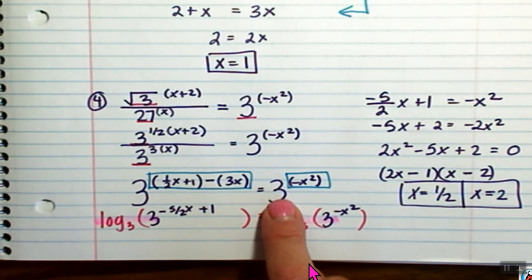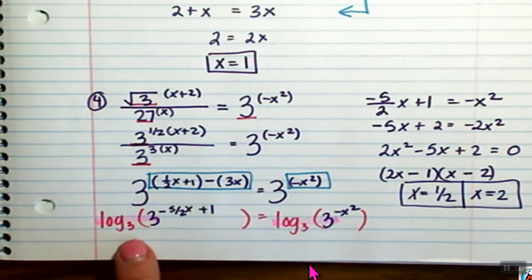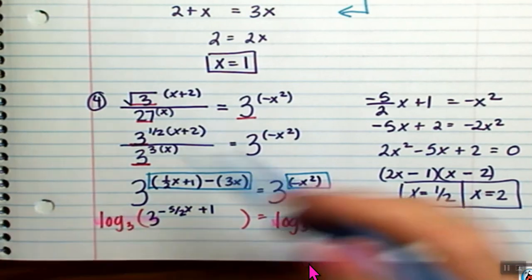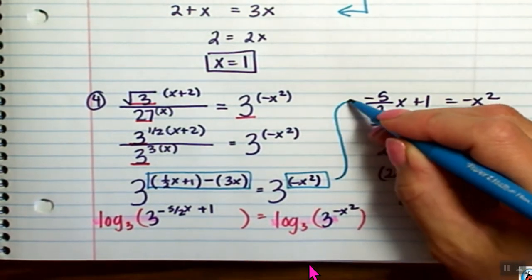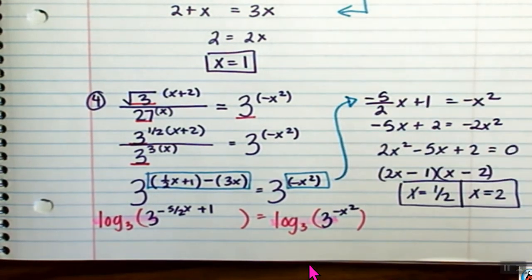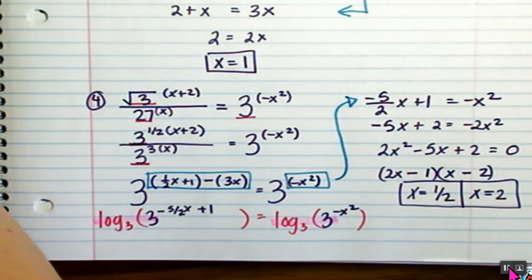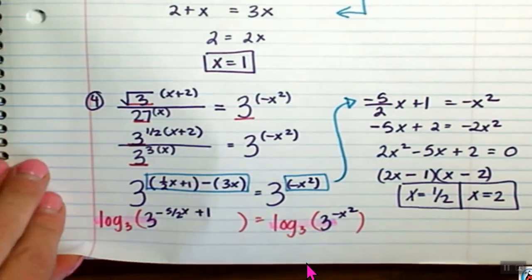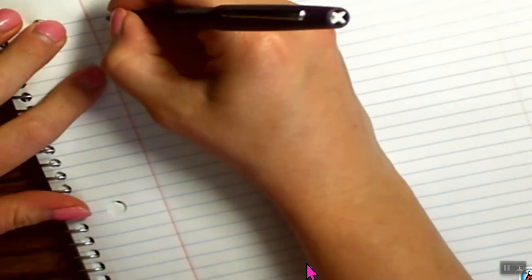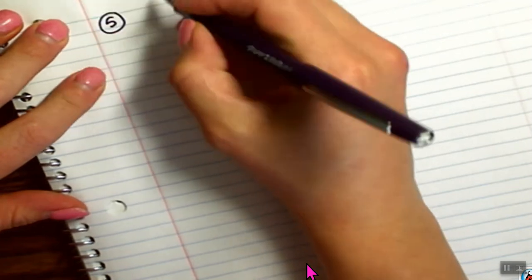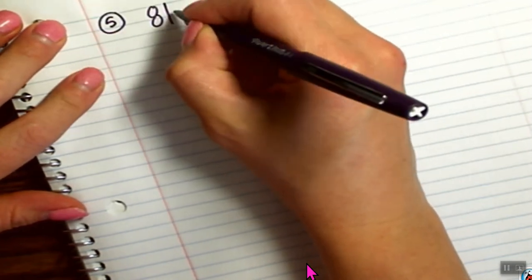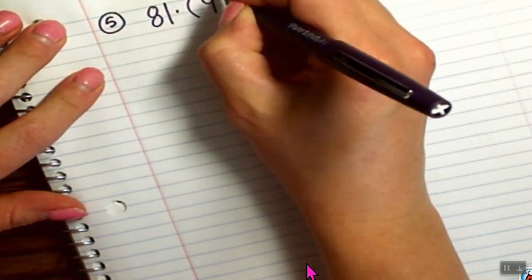That way, when I log base 3 both sides, it cancels out and I'm left with just the exponents that I'm solving. All right, I'm going to go ahead and show you one last one pretty quick, but I'm not going to explain most of it. This is for you to check yourself.